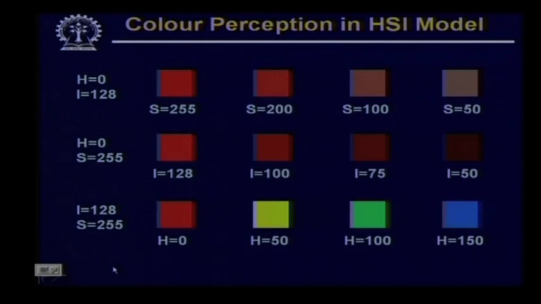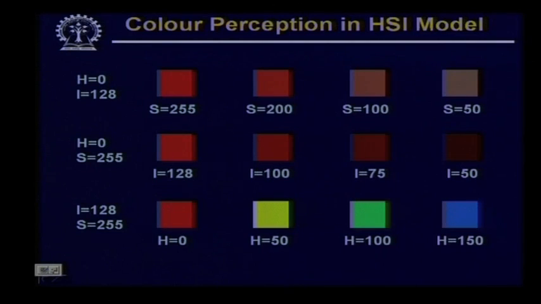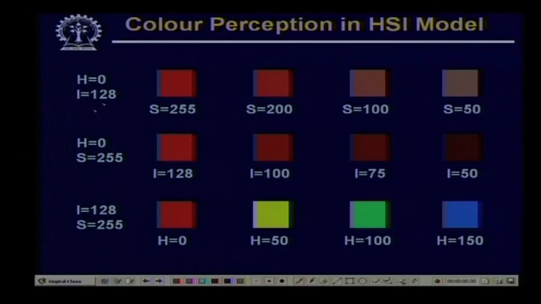In this diagram we have shown the effects of the different components H, S and I on the colors. In the first row, the first rectangle is a color for which hue is equal to 0, intensity is equal to 128 and saturation is equal to 255.